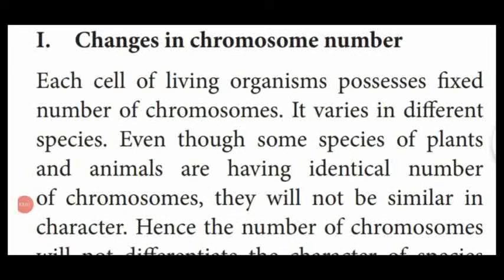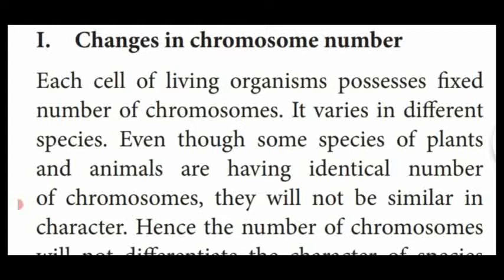Dear students, first we are going to see one of the types of chromosomal mutation, that is changes in chromosomal number. All the organisms which have a diploid set of chromosomes, that is 2n number of chromosomes, you already studied in the lower section.